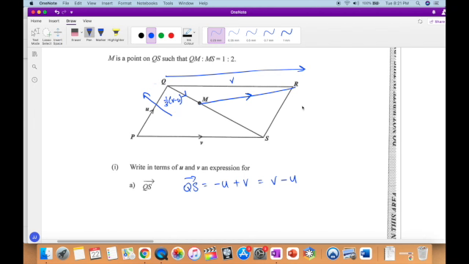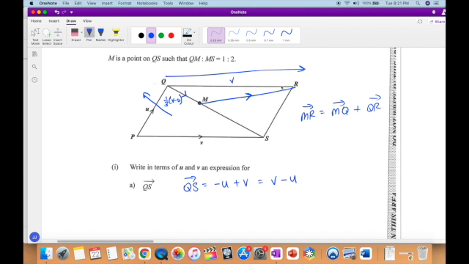Now what do we want to find? MR. And that we could say is MQ plus QR. You could have come in the other direction too, MS plus SR, but we already know what QM is, so I'll just go MQ plus QR.